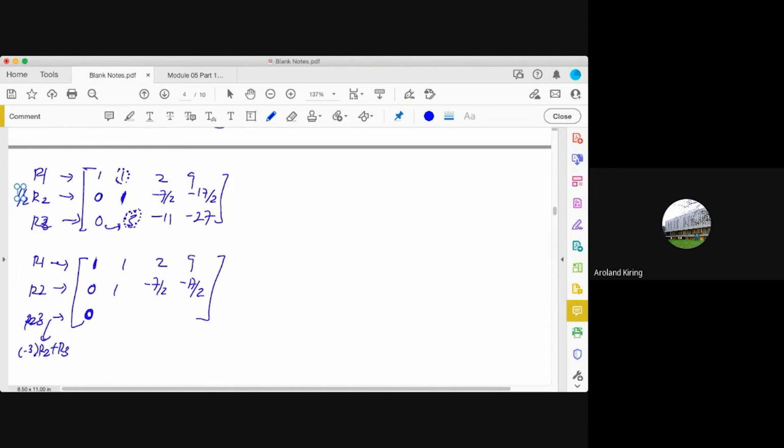Okay, so this one will give you 0, because this is also 0. And let me write here, this is 0, this would be negative 3. So negative 3 plus 3, you got 0, isn't it? And here, negative 7 over 2 multiplied by 3, you get positive 21 over 2, and then plus negative 11. What do you get here?